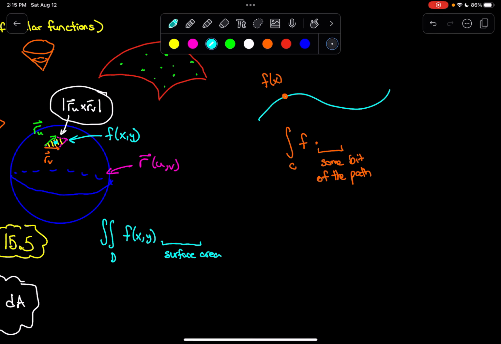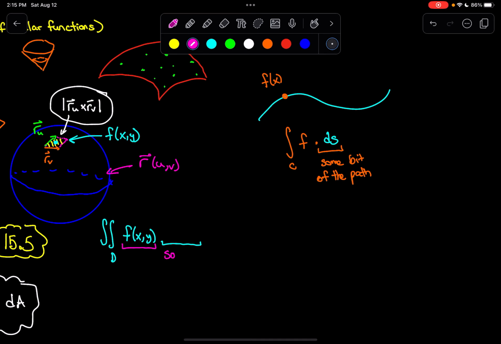And for us, if we were in terms of x and y, this became our ds. And so when we upgrade this to a surface integral, we are basically evaluating the value of our function over some bit of the surface of our object. So maybe I'll write that instead.